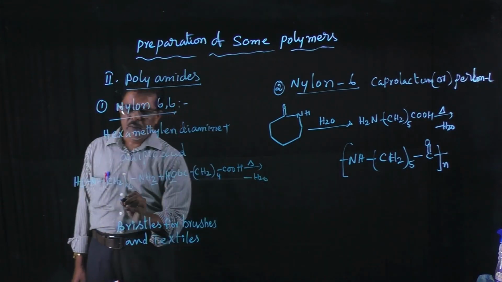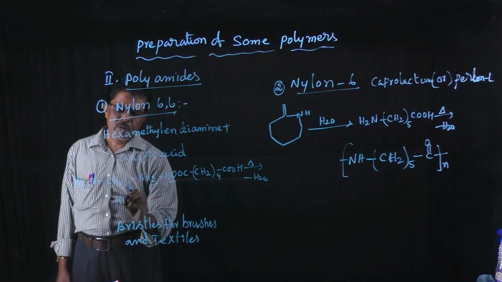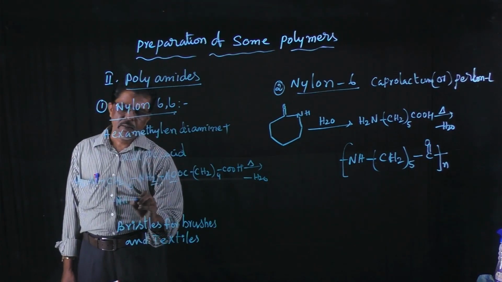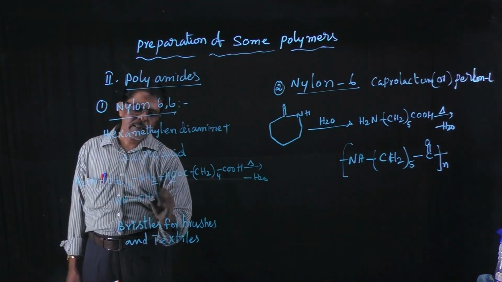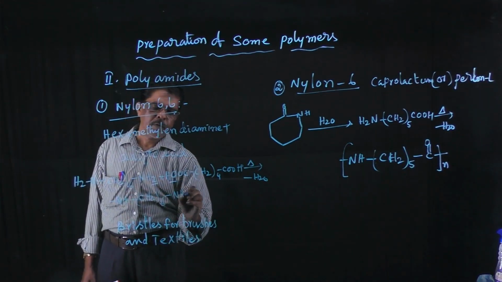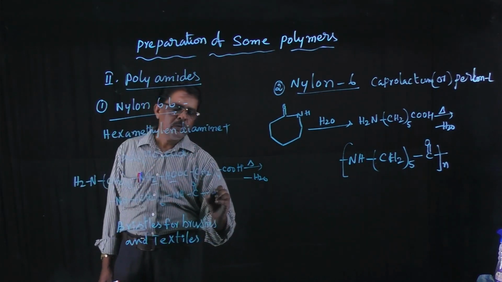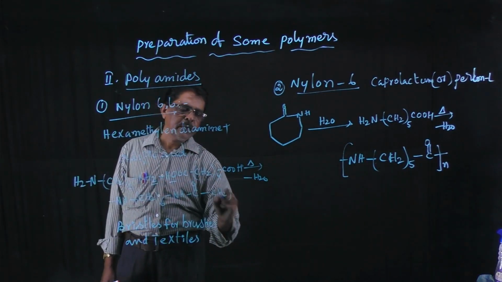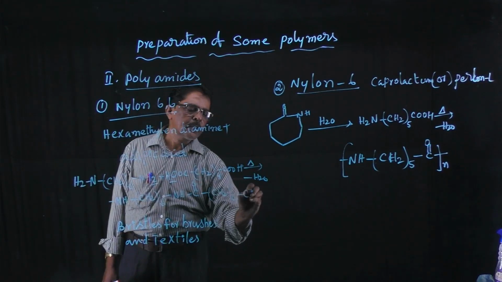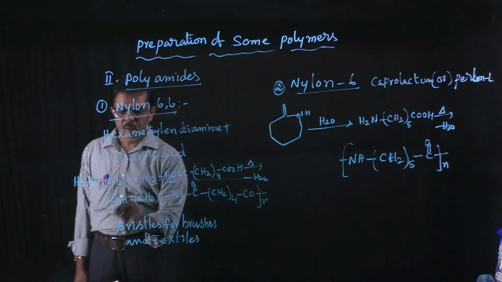Then what will happen here? Polymer is (CH2)6 NHCO (CH2)4 CO. Right? This one is the polymer.